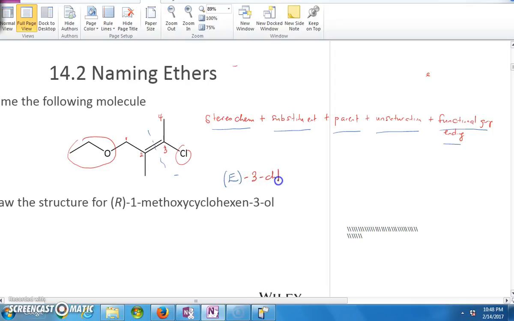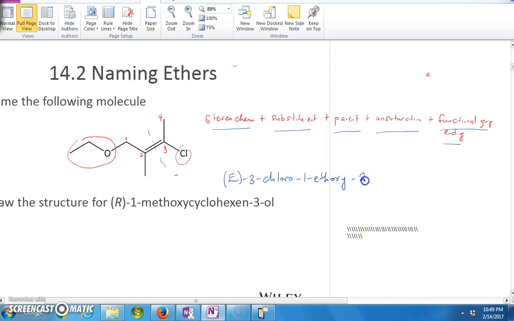Here is 3-chloro, and then you have 1-ethoxy, and then we have a methyl group at the 2 position.